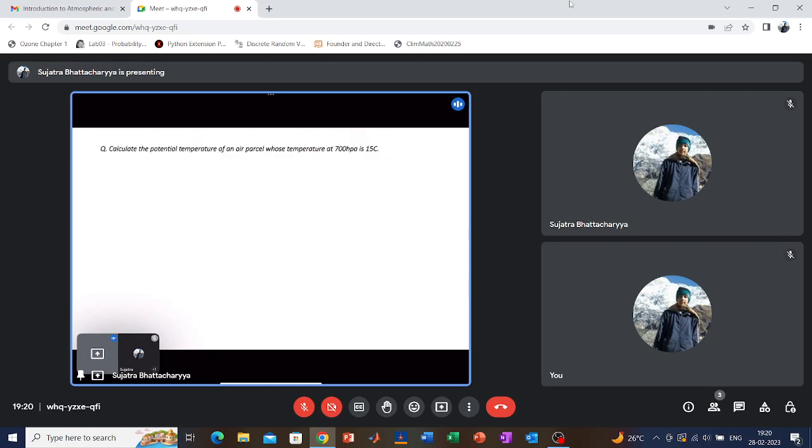Next is a question based on potential temperature. Potential temperature and equivalent potential temperature are very important concepts. So I will solve the derivation of the potential temperature, and we'll see what the potential temperature is, what the concept behind potential temperature is, and what the concept behind the equivalent potential temperature is. This I will explain now and solve some questions.